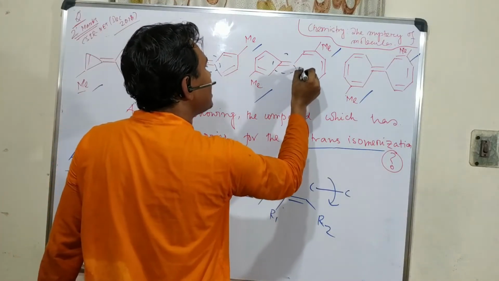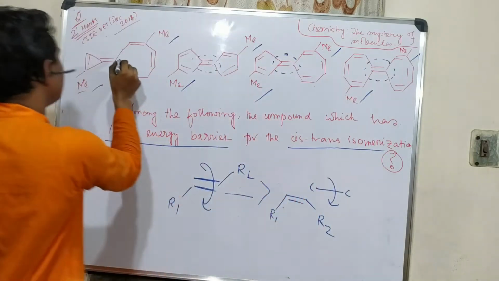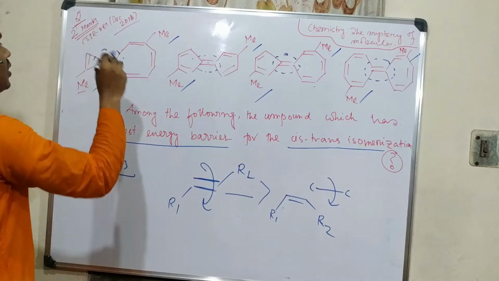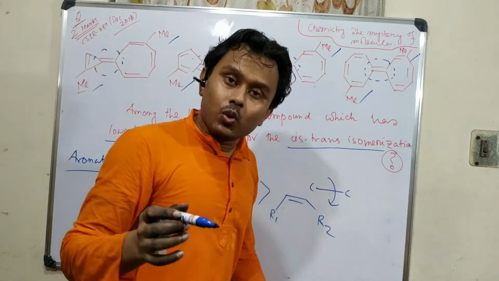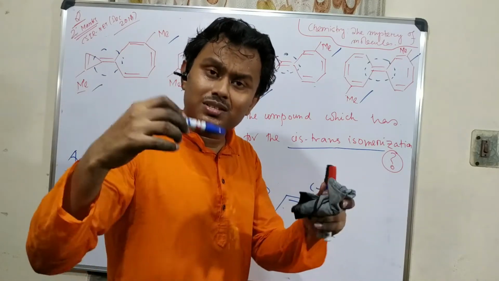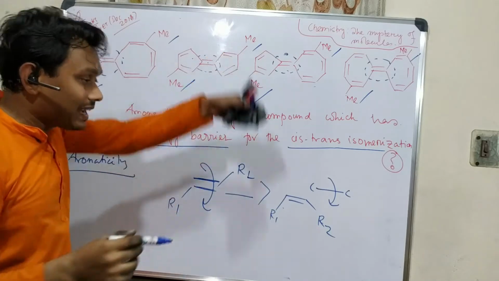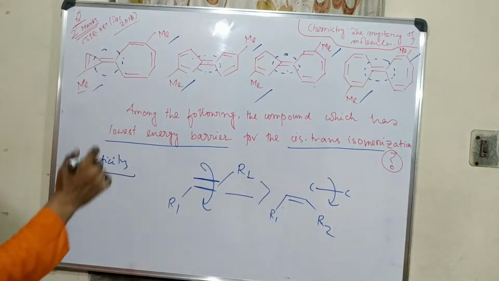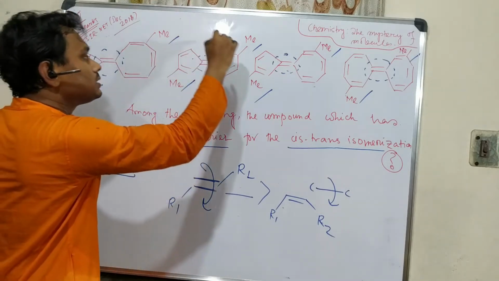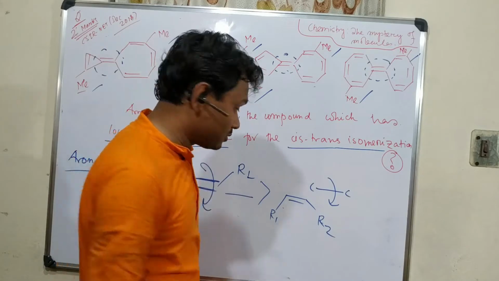So what the examiner is actually asking is, in which case will this bond rotate? Rotation happens through a single bond, because a triple bond does not rotate like that. Triple bonds are different, so we'll discuss them in another example. Rotation on a double bond is not possible. It should be a single bond.